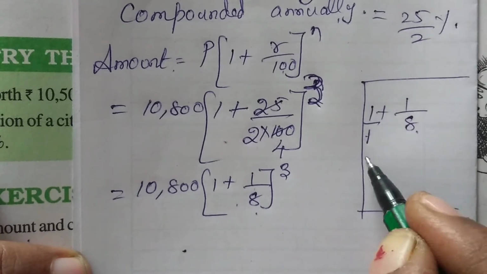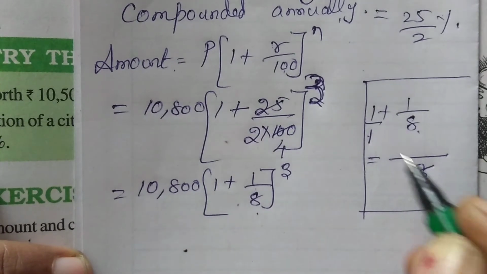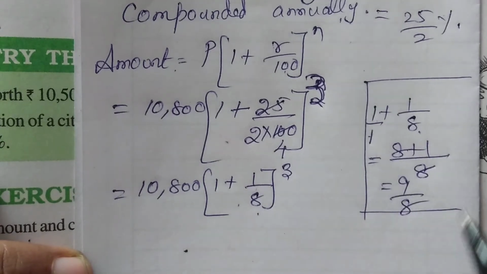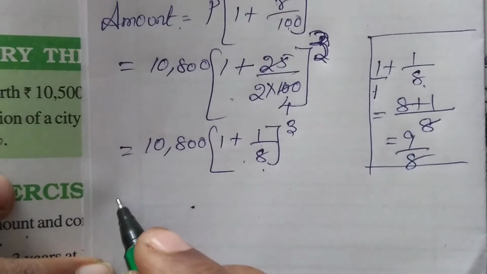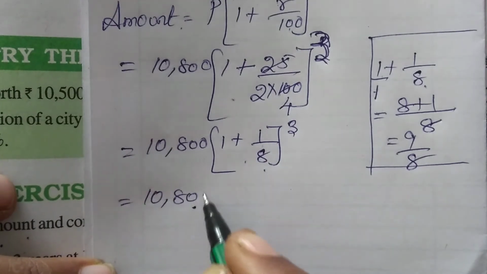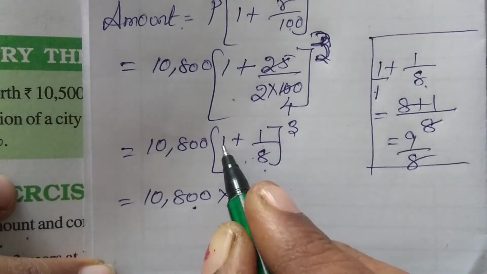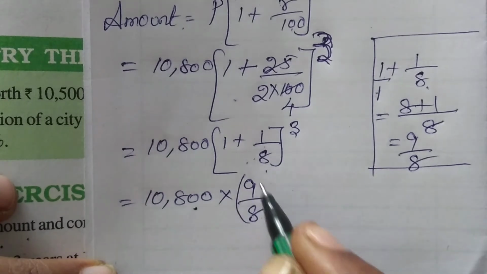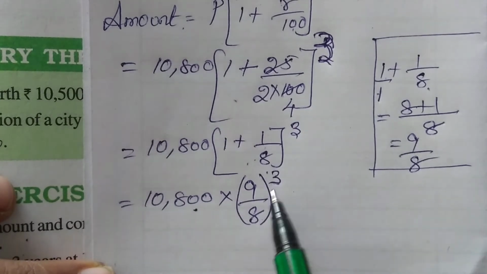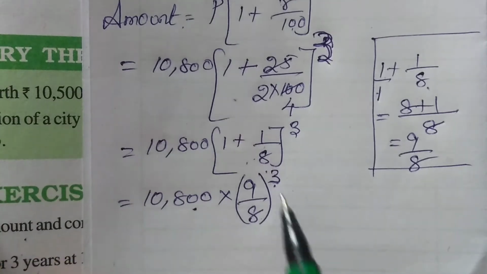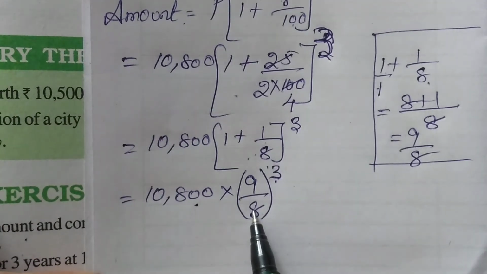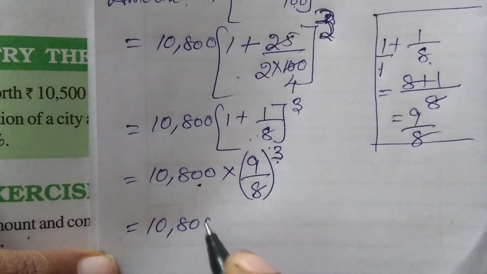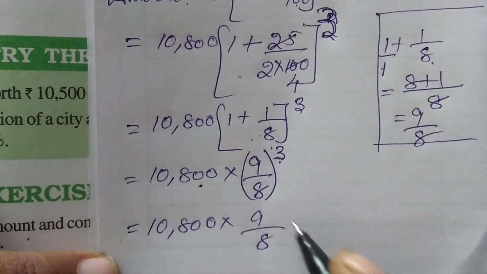So this will become 8 plus 1, 9 by 8. So now I write 10,800 into (9 by 8) to the power of 3. 9 by 8 to the power of 3 means I have to multiply 9 by 8 three times. So I write 10,800 into 9 by 8 into 9 by 8 into 9 by 8.